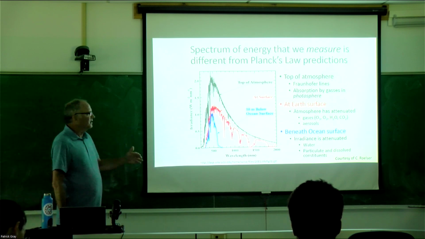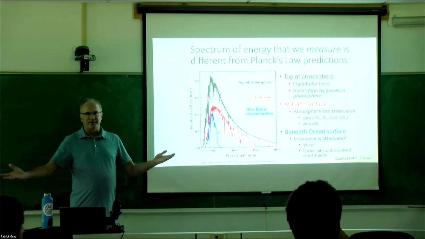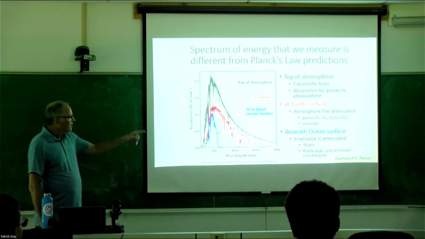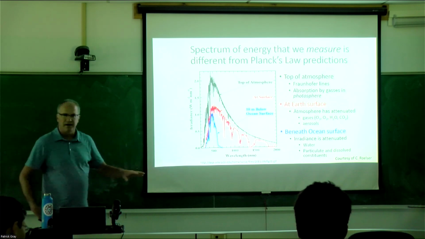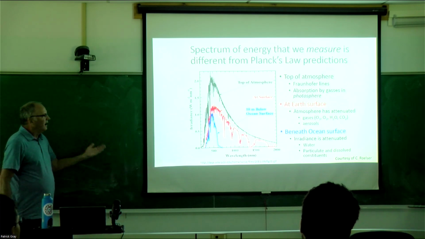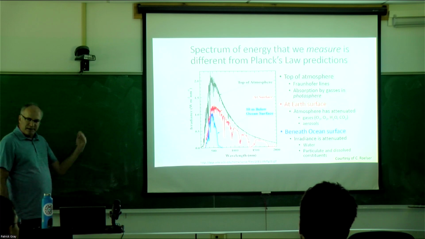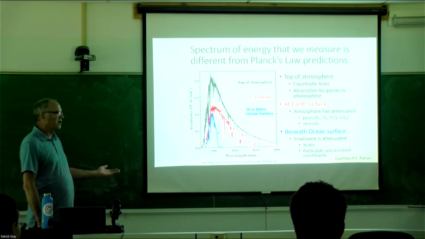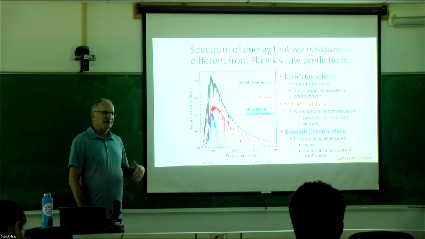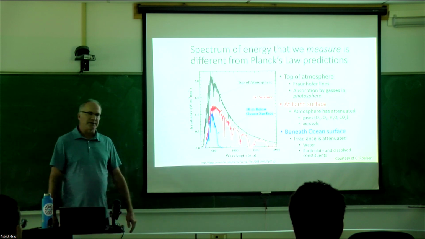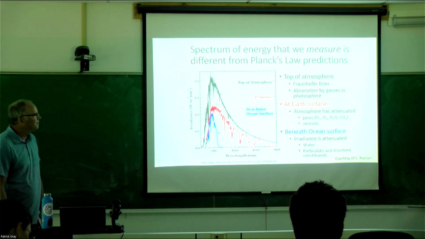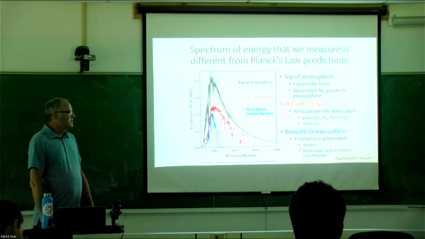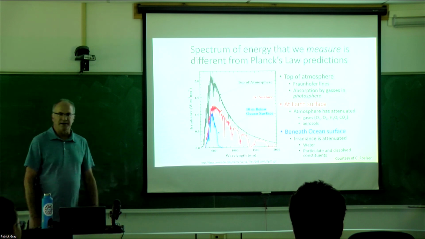At the Earth's surface, now what do we have? We have the atmosphere of the Earth. So that's the red line. And now all of a sudden you start to see not only some impartation of those Fraunhofer lines, but also some more lines, deep dips in the spectrum. Those are caused by the absorption by gases that are actually in the atmosphere, Earth's atmosphere, oxygen, water, carbon dioxide, species like that.